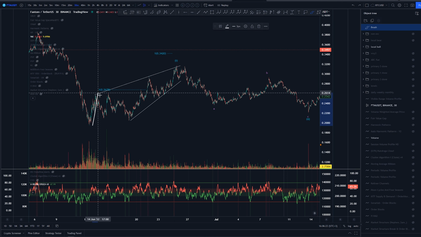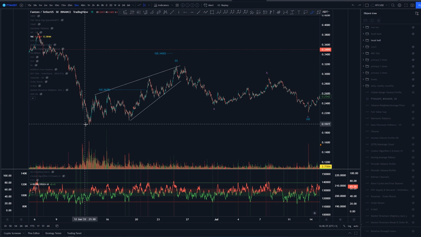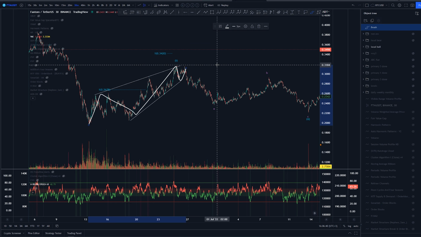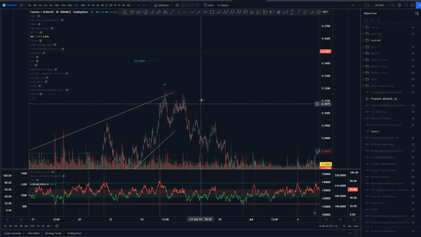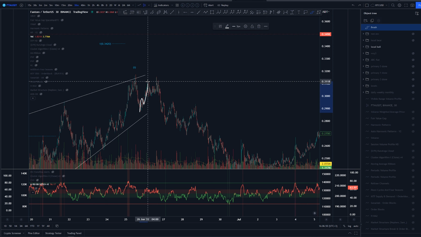The only way we could be placing this is if we have this as a 1, 2, then this would be somehow a 1, 2, 3, 4, and 5 up here, and then at that point we would have again 1, 2, 3, 4, 5. That is the only way I can get it ending up here, and at that point again we would have a truncation up in here and a very ugly looking 5-wave structure here.